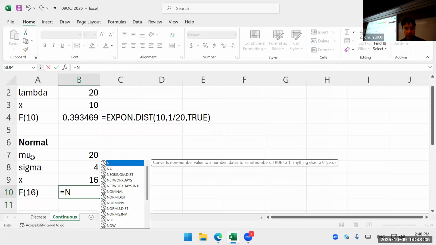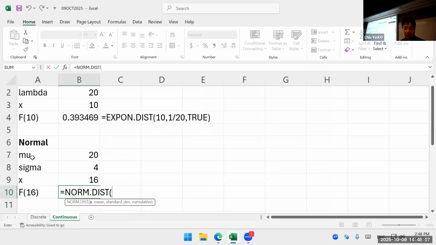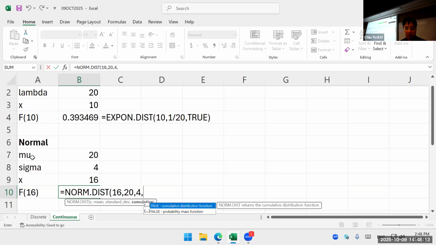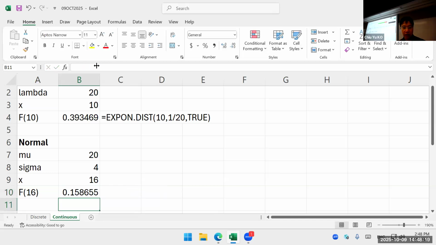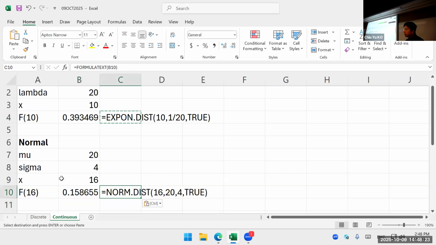So that would be norm.dist 16, mean is 20, standard deviation is 4, cumulative true. For continuous, you always use the true. You don't have to worry about that part.